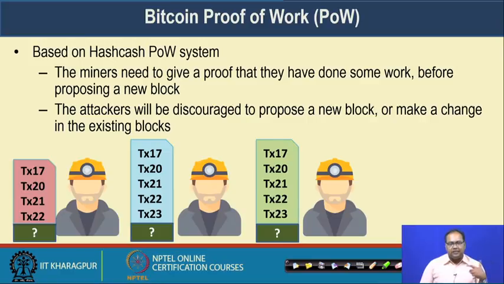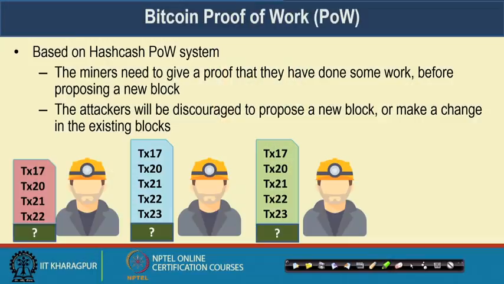If they can successfully complete that work, then they are able to submit that block as a part of the existing longest chain of the blockchain. Attackers will in general be discouraged from proposing a new block or making a change in an existing block, because they have to do the entire work of the blockchain, which is computationally difficult in a generic environment.